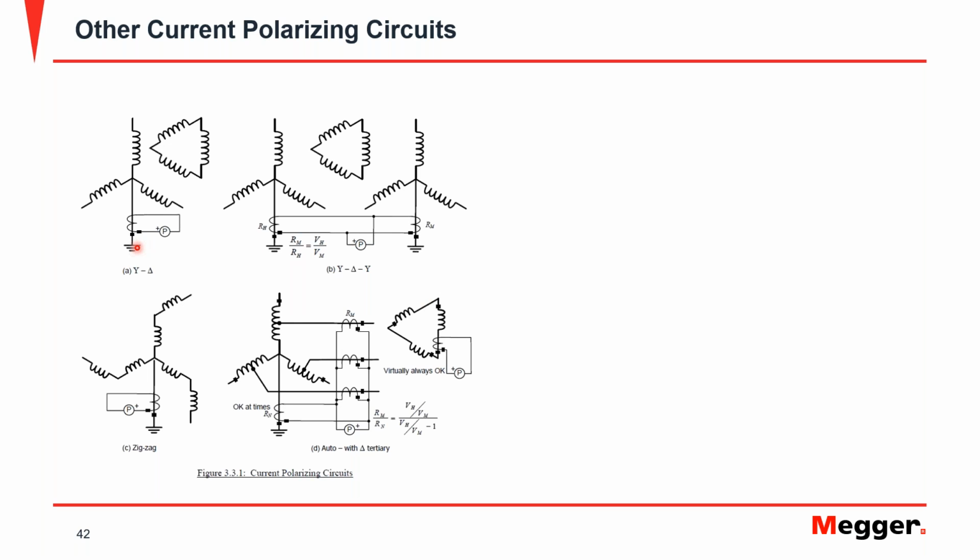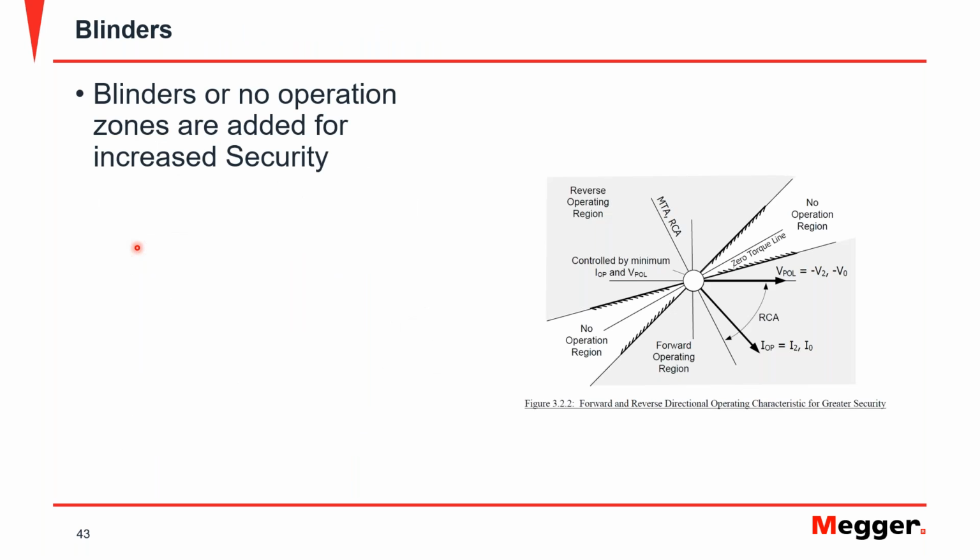There is a very long document created by the PSRC about ground polarizing circuits, and it goes in depth into these topics. One last thing that I want to touch on before we go into the test results is the blinders that I was telling you about at the beginning.